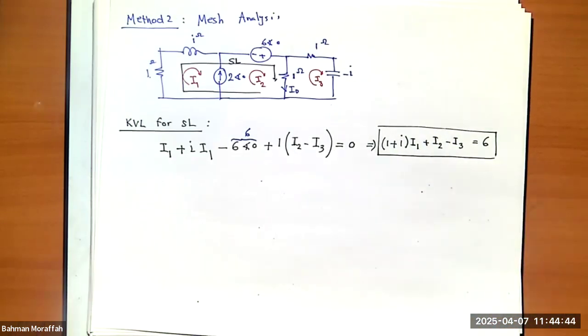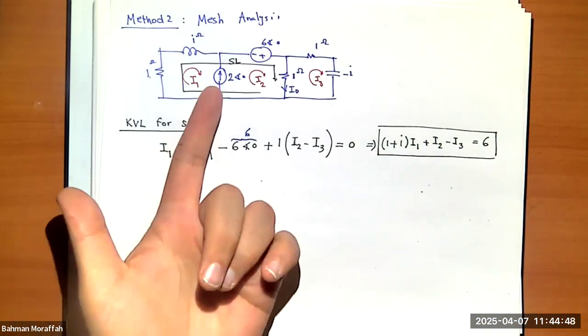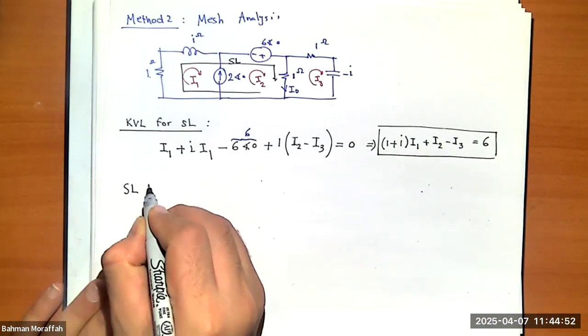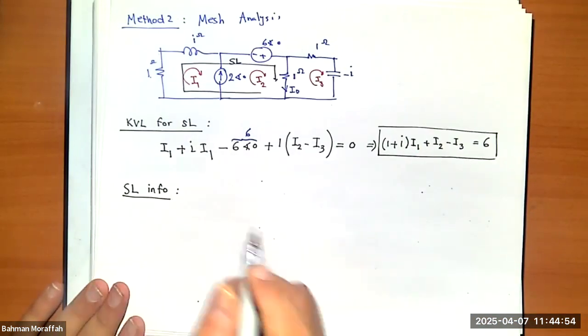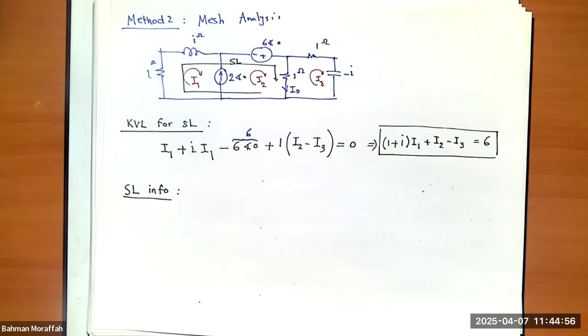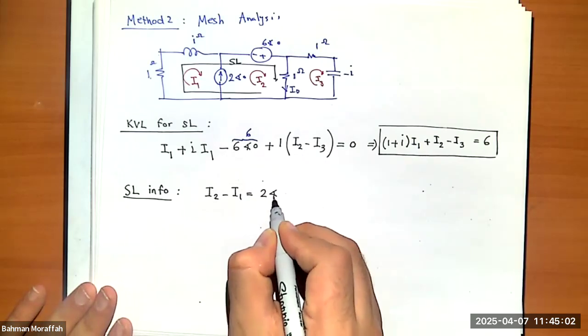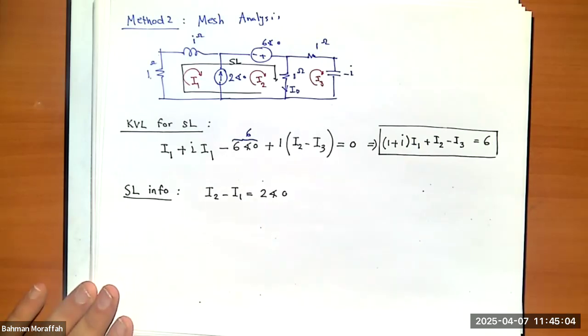As soon as I have a super loop, I'm losing information, so I have to utilize the super loop information. What is the super loop information? It is I2 minus I1, which is 2 and 0, which is exactly 2.